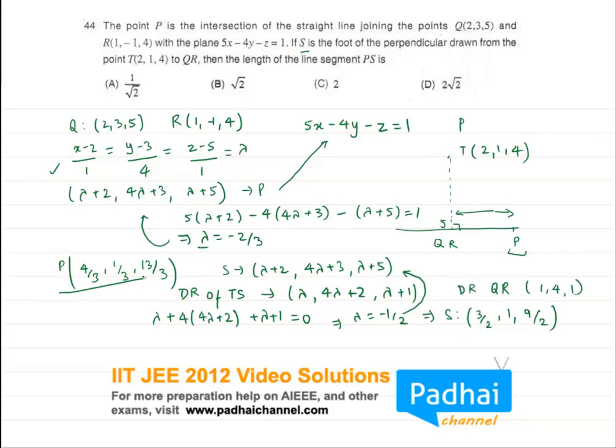Now you have points P and S. By the distance formula, we can easily calculate the distance PS, which comes out to be 1/root 2. So again, this was an easy problem, a bit lengthy though, but straightforward.